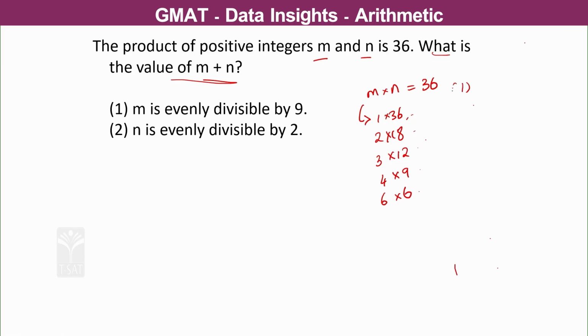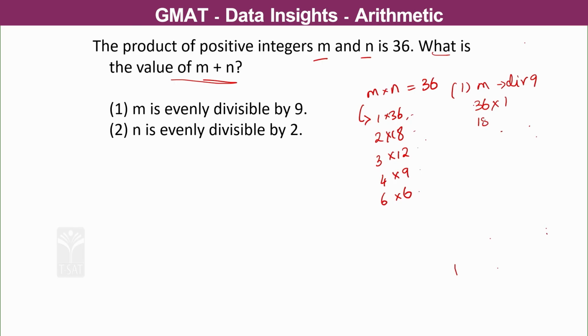Now let's look at statement 1. Statement 1 tells us that m is evenly divisible by 9. From these answer options, what can be selected? Is 36 divisible by 9? Yes, 36 is divisible by 9. So you can say that m into n is 36 into 1, where m is 36 and n is 1. And is 18 divisible by 9?